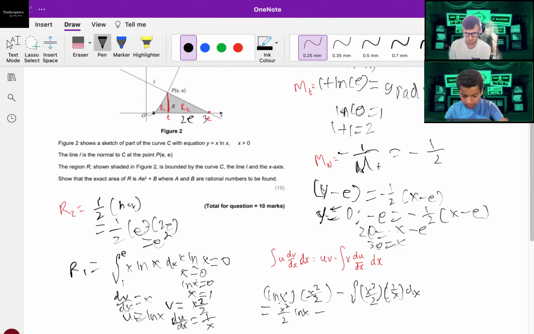That's just x in minus the integral of x into dx, which is x squared into ln x minus, and then that is x squared minus x squared in 4.